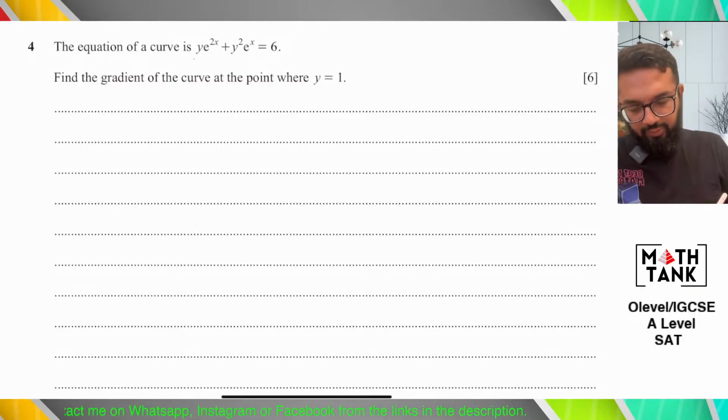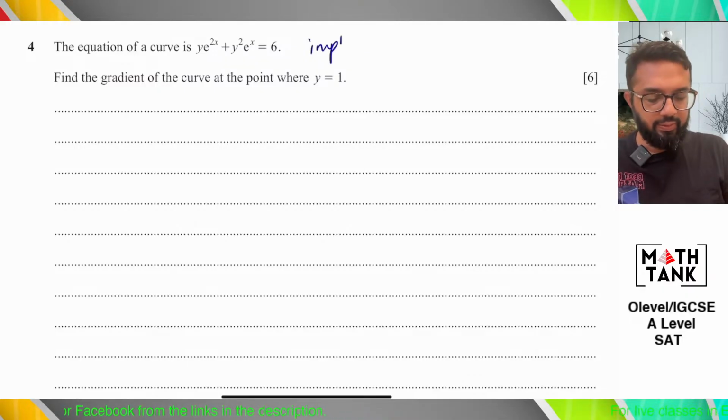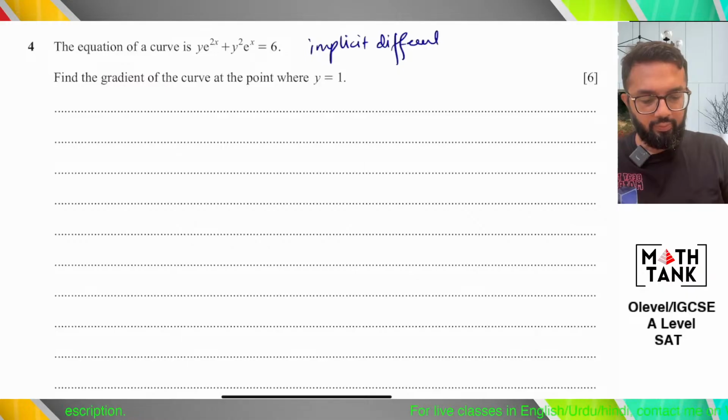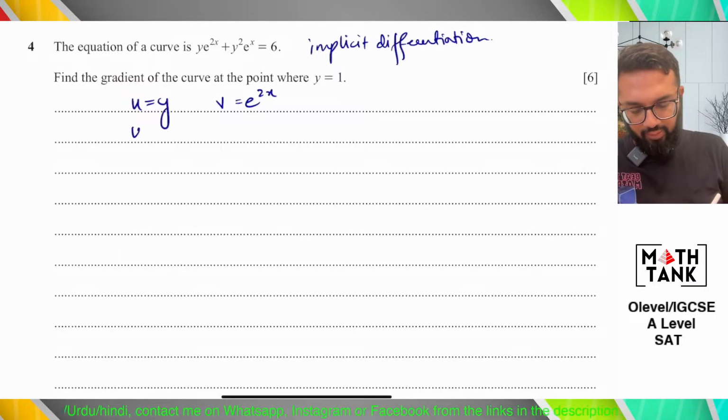Question number 4 says the equation of a curve is this, find the gradient. So this is a question on implicit differentiation. So use y, v is e power 2x, u dash is 1 dy by dx, v dash is 2e 2x.